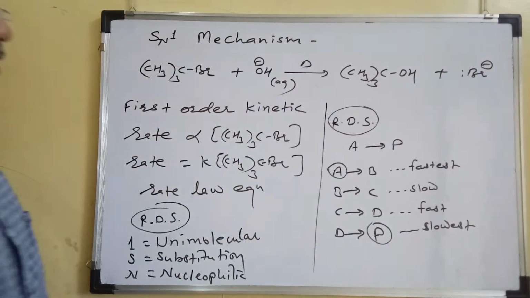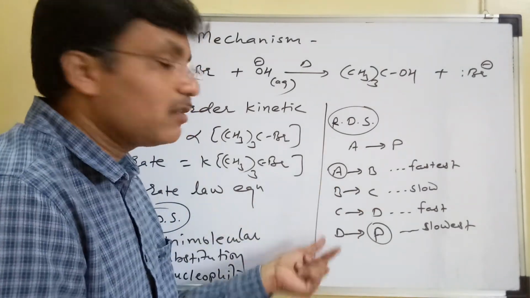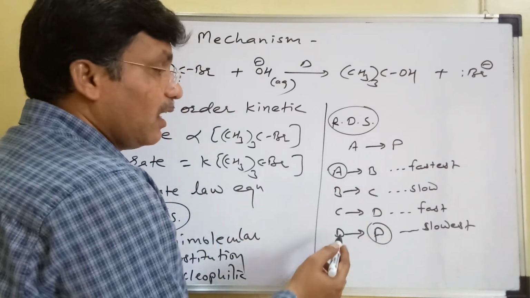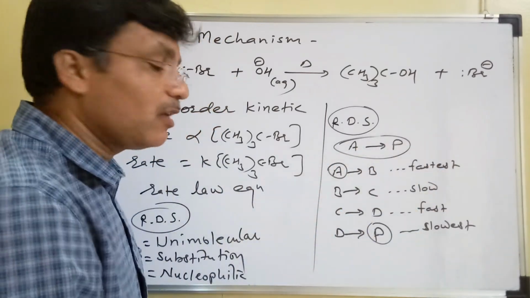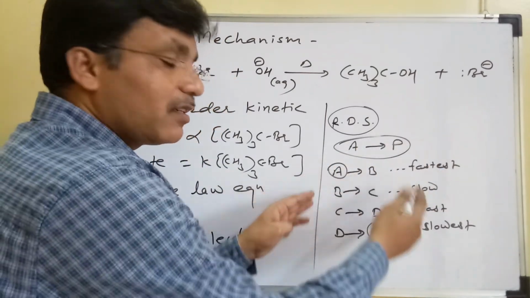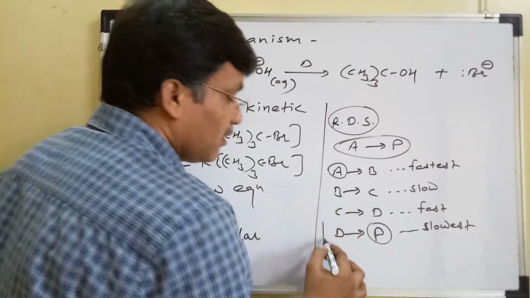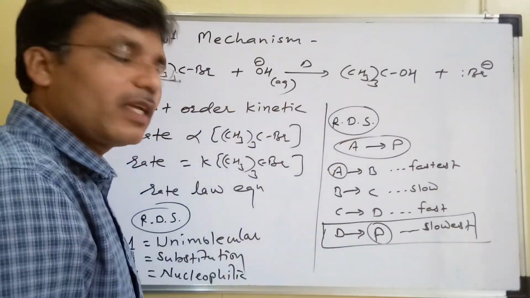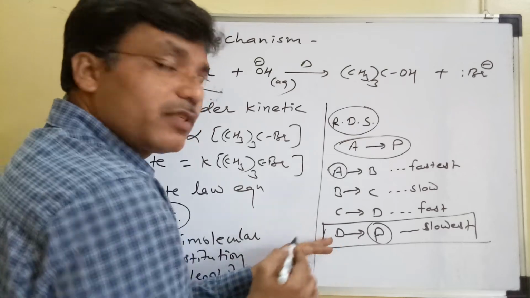Then see this, each of these reactions is a simple reaction, a single step reaction, and the rate of the overall reaction depends upon that reaction which takes place at the slowest speed. See, this is the slowest step reaction and the rate of this overall reaction depends upon the slowest reaction.